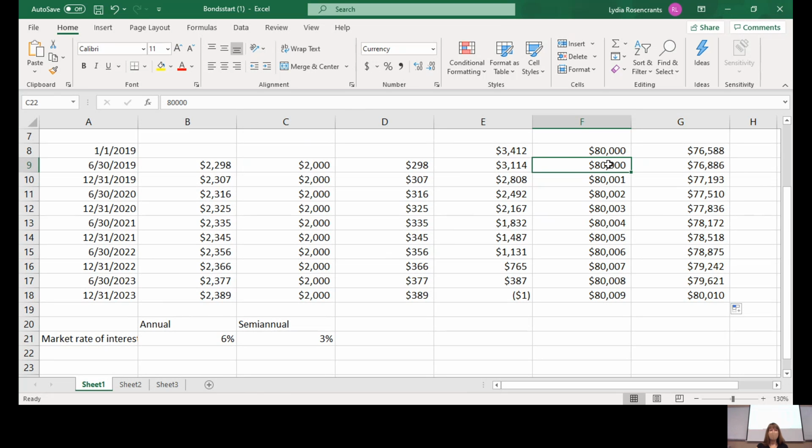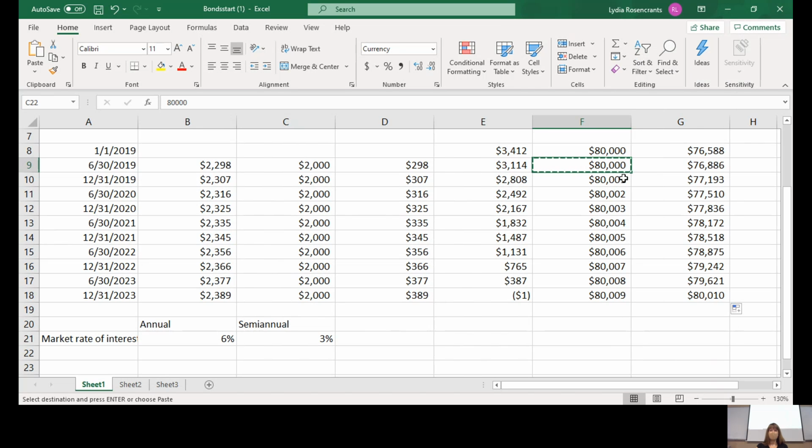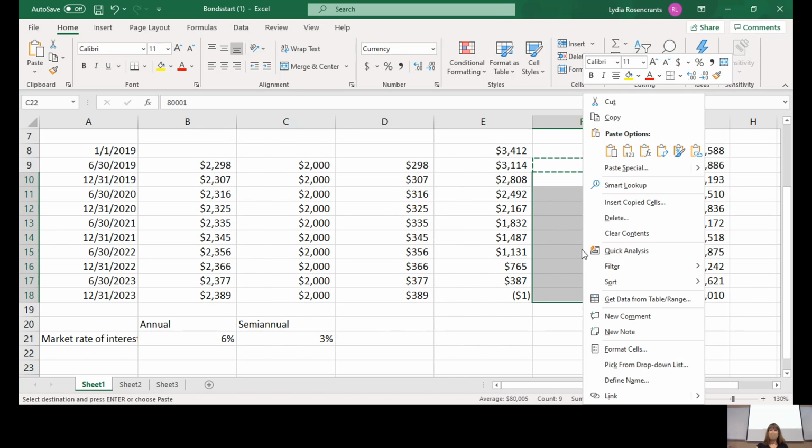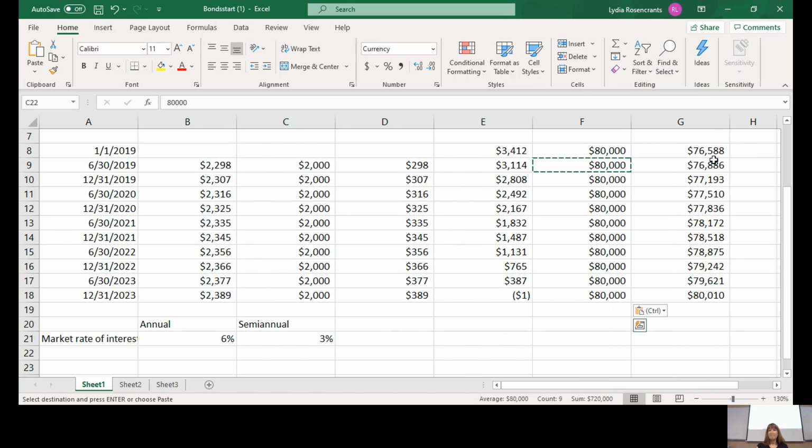So come back up to F9 and just copy F9. And then select the rest of your column F there and paste. There you go. Oh, we got it.